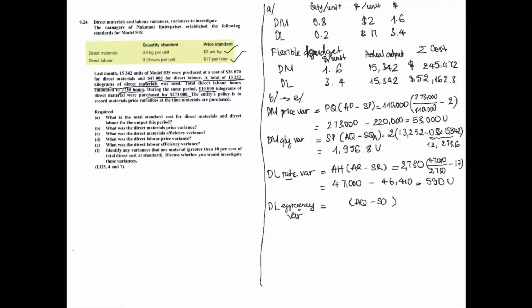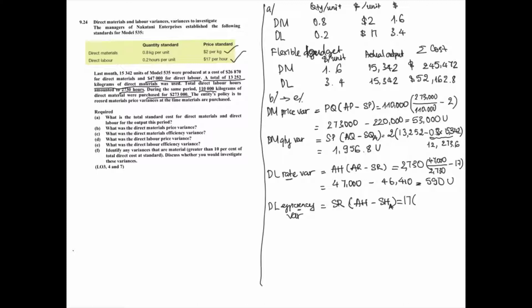Sorry, I will use the number of hours instead. So inside that'll be actual hours minus standard hours given the actual output. Outside that will be standard rate, and standard rate is 17.